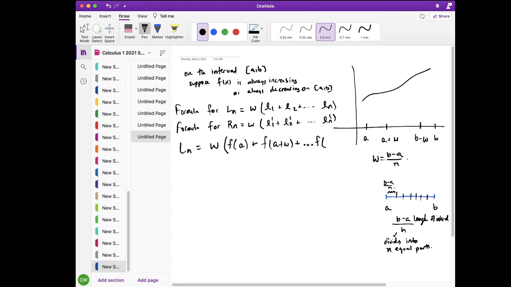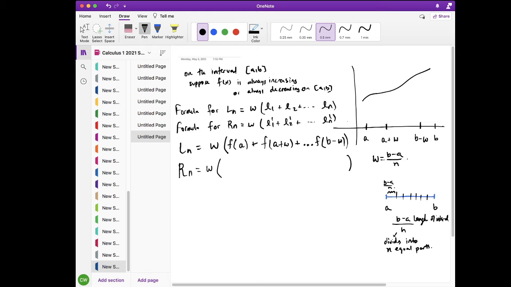B minus W, right? You do left and right approximation, there's not many choices. It's either the first part of the interval or the last part of the interval. So B minus W is the last one. So it's the big distinguisher between left and right. It's just where do you start and where do you end? And they're going to be different for both.